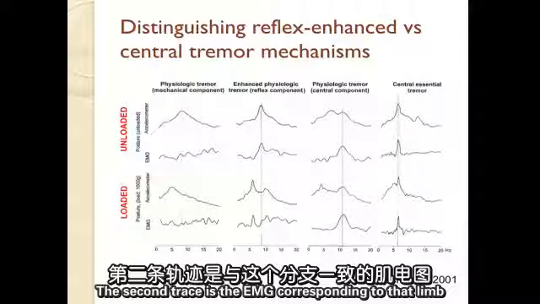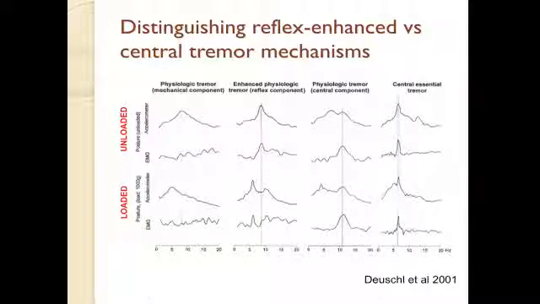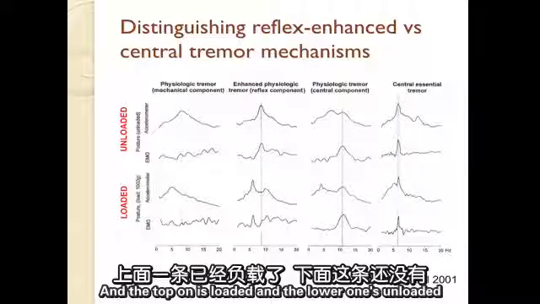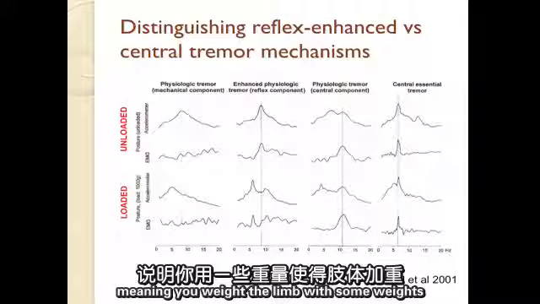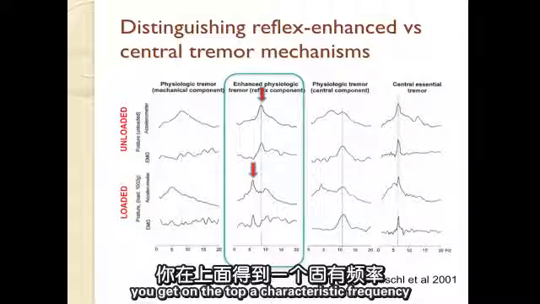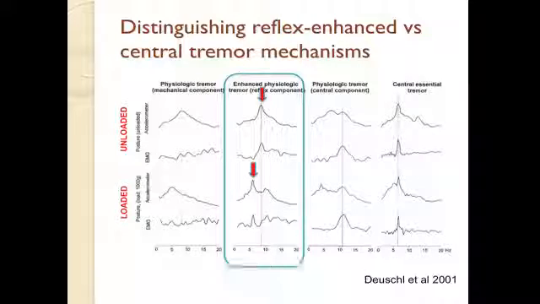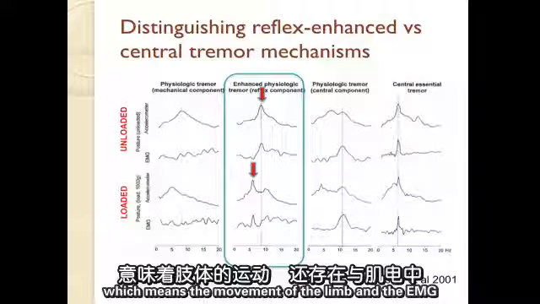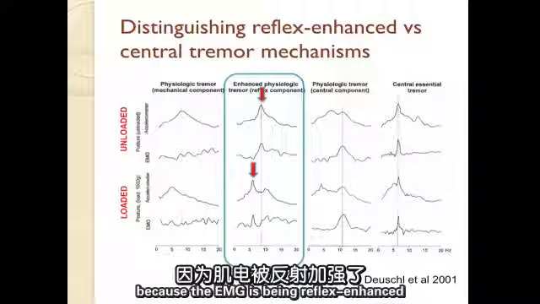The second trace is the EMG corresponding to that limb. And the top one is loaded and the lower one's unloaded, meaning you weight the limb with some weights. What happens is, in reflex-enhanced tremors, you get on the top a characteristic frequency in both the accelerometry, which means the movement of the limb, and the EMG, because the EMG is being reflex-enhanced.